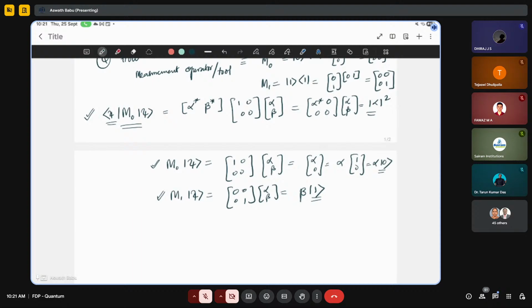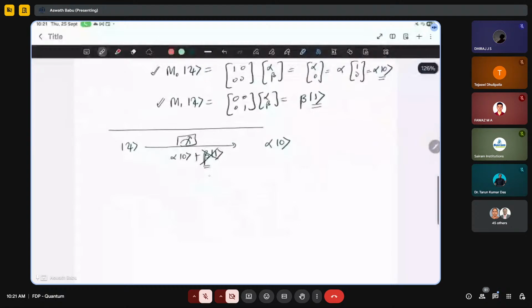So what is happening is when you send a quantum system, alpha 0 plus beta 1, through a measurement gate, basically it is suppressing one of the states and leading to the other state. Means the probability amplitude is put to 0 when you make a measurement for one of the cases.